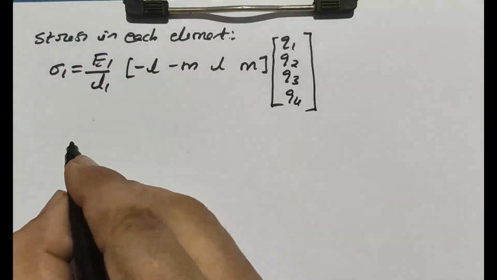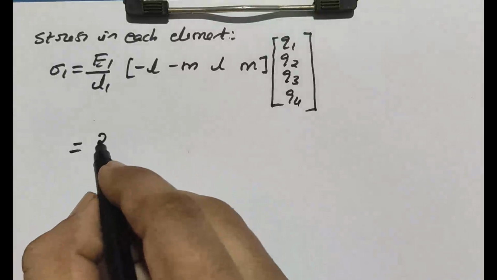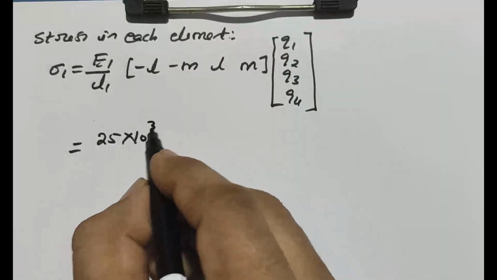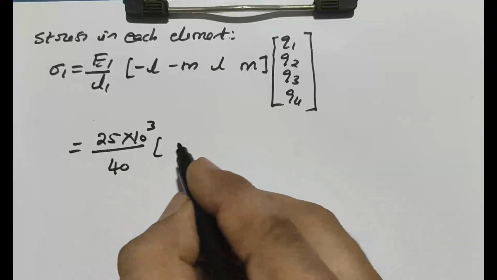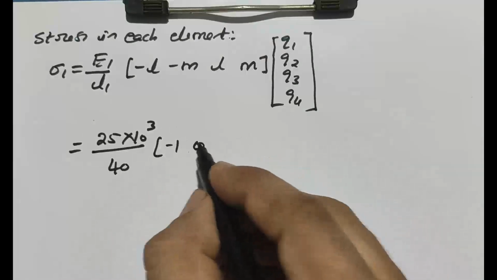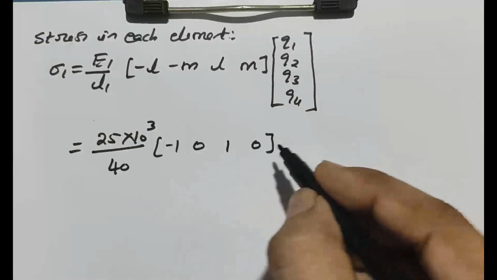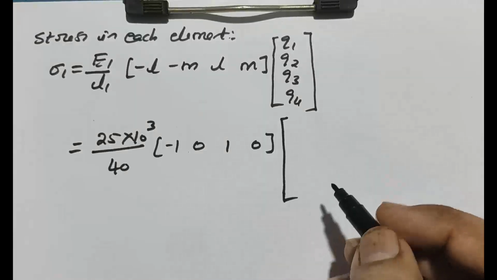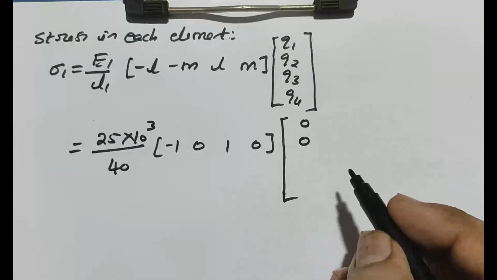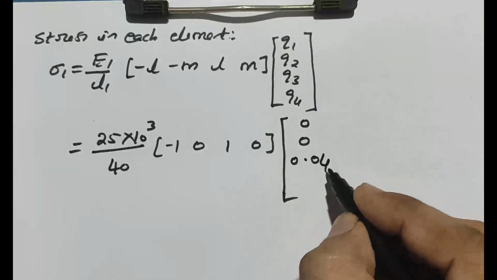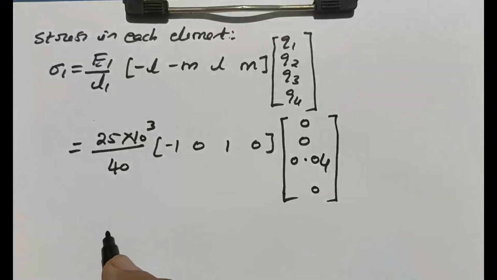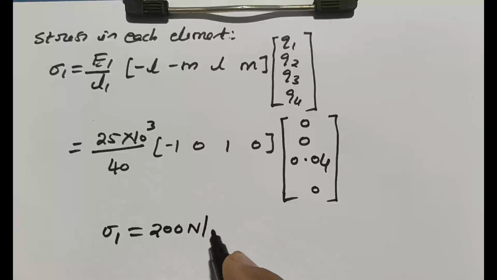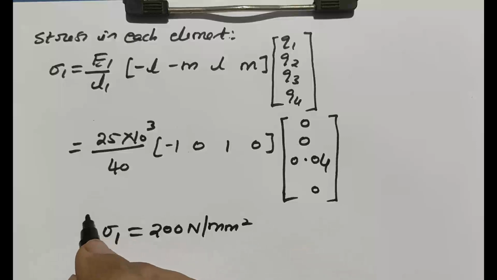I will substitute the values. E is 25 into 10 power 3 by the length of the first element 40, minus L is minus 1, minus M is 0, L is 1, M is 0, into Q1 is 0, Q2 is 0, Q3 is 0.04, Q4 is 0. If you simplify this, we will get sigma 1 equal to 200 Newton per mm square.